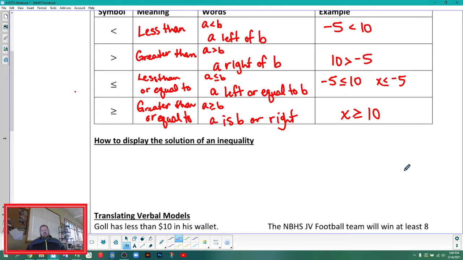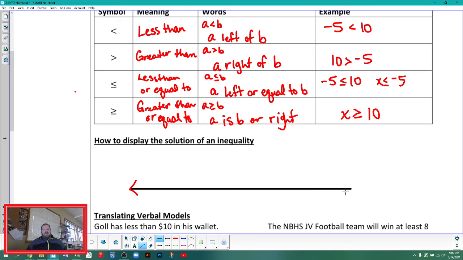Okay, so how we display the solution of an inequality is that everything comes down to a number line. So if I put a number line out here, all my answers need to go on a number line, because it's impossible to say that x equals 6.